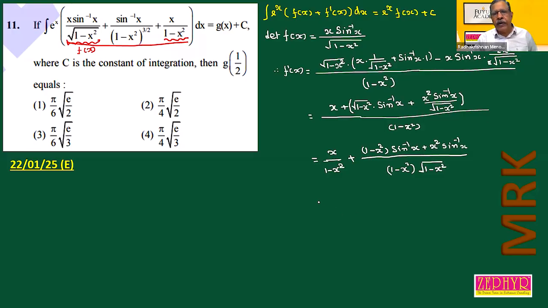Okay, this is equal to x by 1 minus x squared plus, when you open the bracket, x squared sine inverse x is getting cancelled.